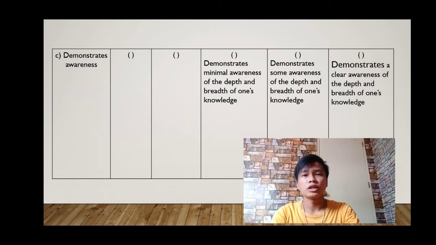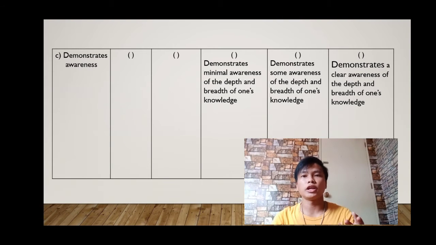An example of this, the students give some of the explanation, or they present what they understand, or like in the statement, they can demonstrate the awareness of the depth or breadth of one's knowledge. So what they understand, they explain it to the other.